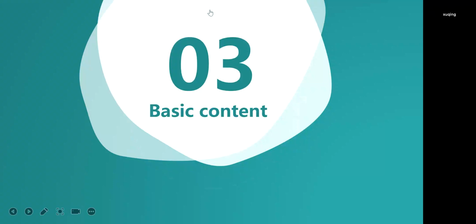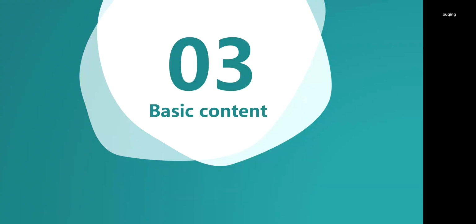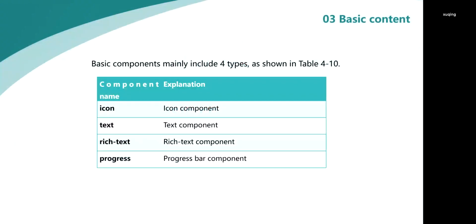Now we'll see some basic content. Basic contents mainly include 4 tabs as shown in this table. We have the component name: icon, text, rich text, and progress.